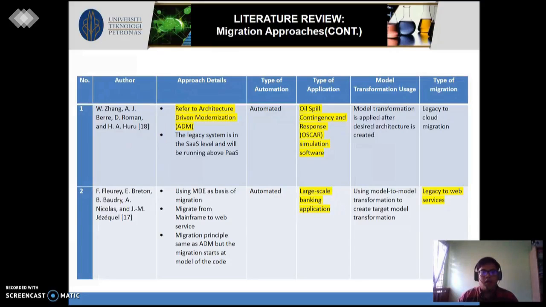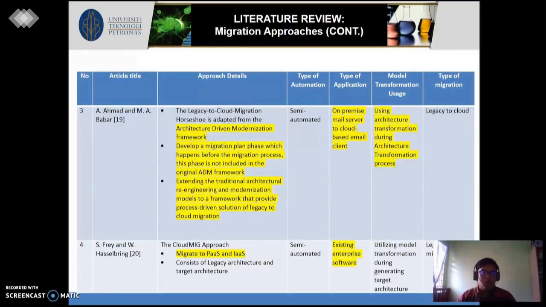They are applying it to a large-scale banking application. They adopt model-to-model transformation to create the target model, and the type of migration they are using is legacy to web service.